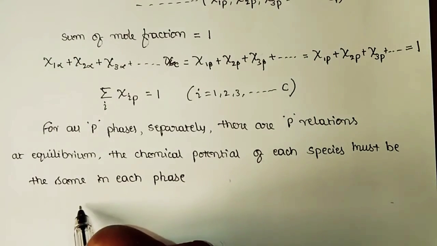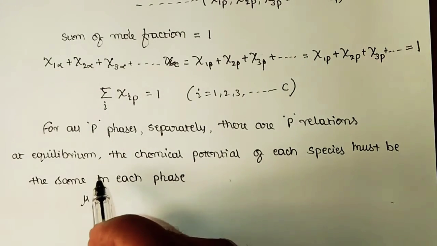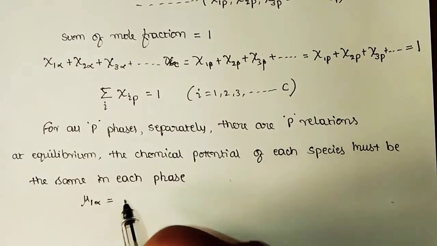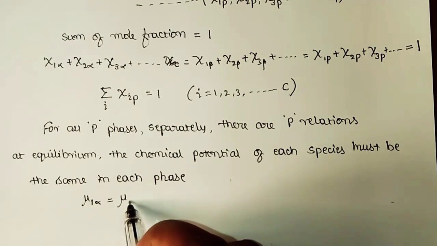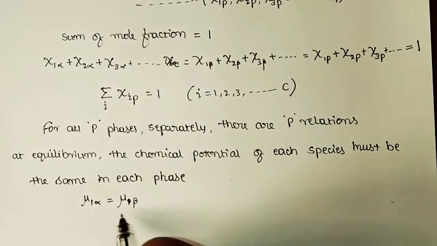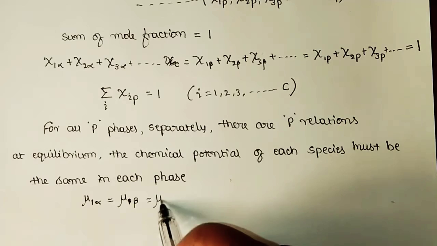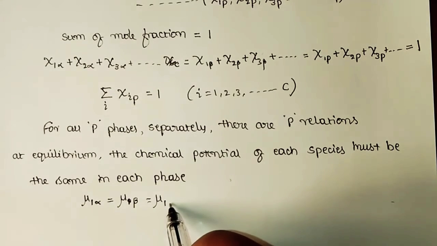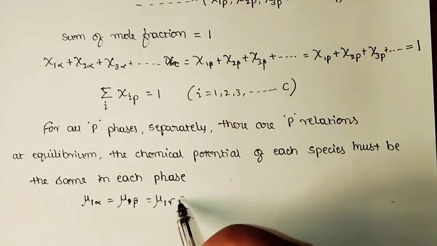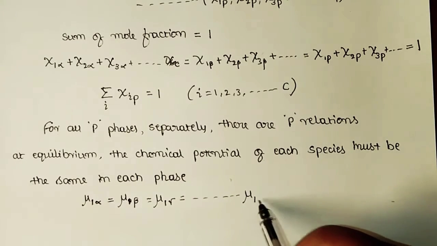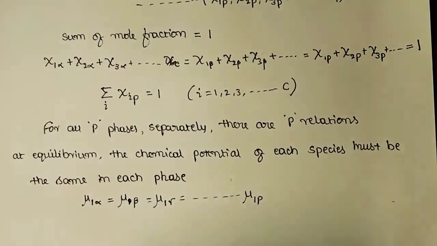Say mu is the symbol for chemical potential. The chemical potential of component 1 in the alpha phase will be equal to the chemical potential of the same component 1 in the beta phase. There is no change in potential at all. Similarly, the chemical potential of component 1 in the gamma phase will be equal, up to the chemical potential of the component in the P-th phase.